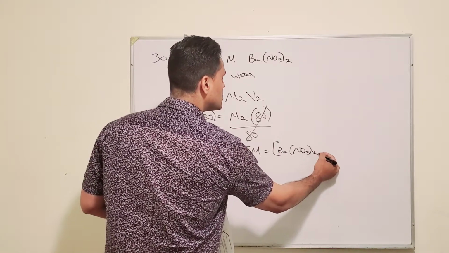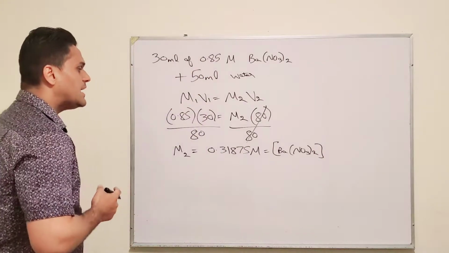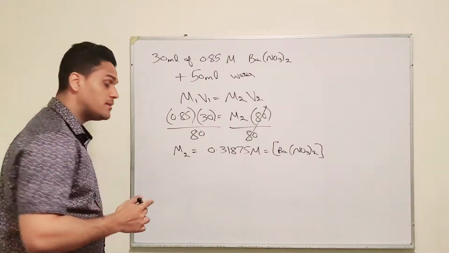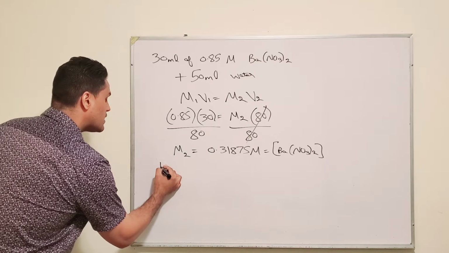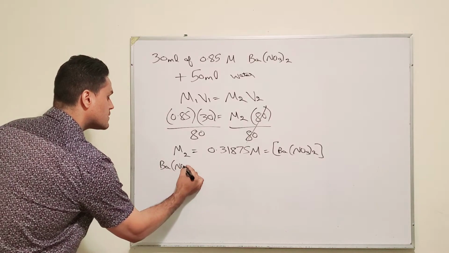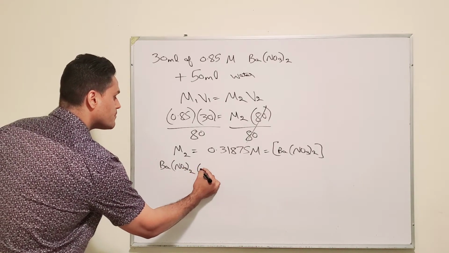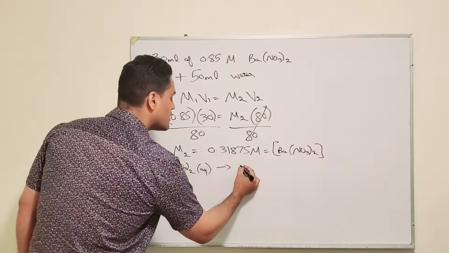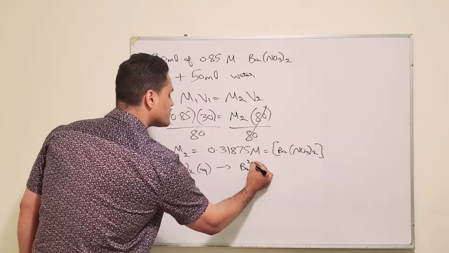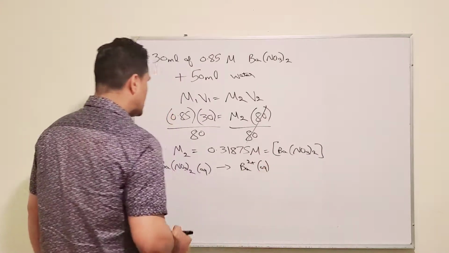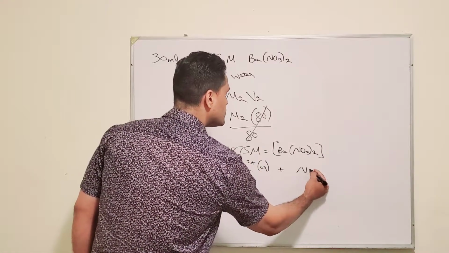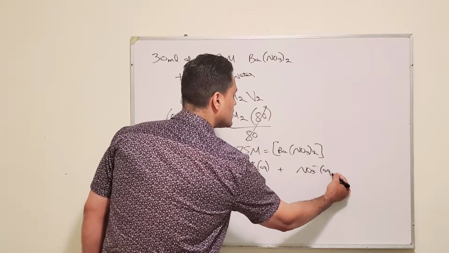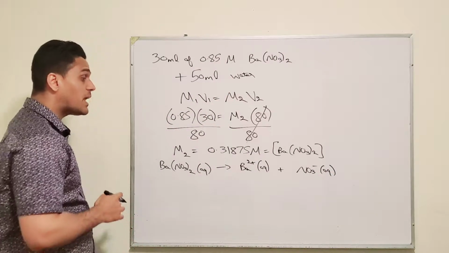So guys, that's your concentration of Ba(NO3)2. And if I want to find the concentration of each ion, you're going to take your Ba(NO3)2 and we're going to split this up into its ions. So that's going to give me Ba2+ and NO3 minus. But we just need to make sure we balance these properly.